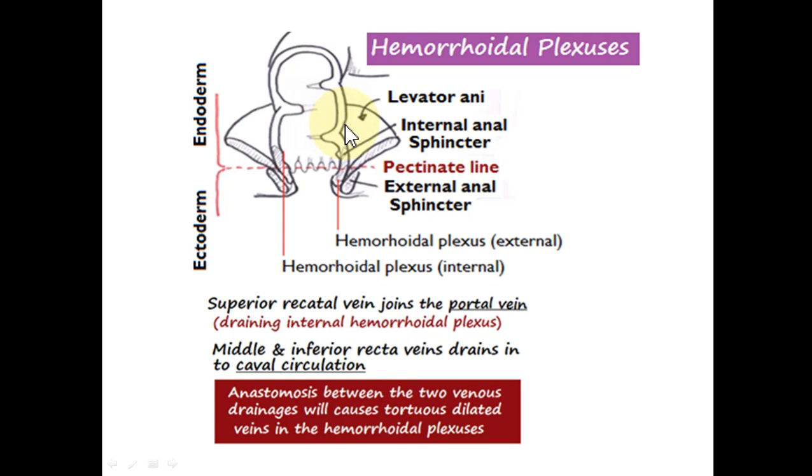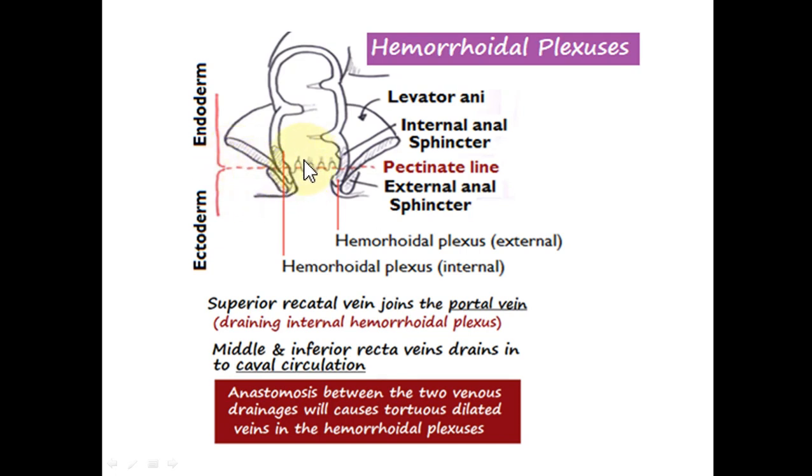The superior rectal vein joins the portal vein, and the blood it drains enters the portal circulation. The branches of the middle and inferior rectal veins join the systemic, or caval, circulation.